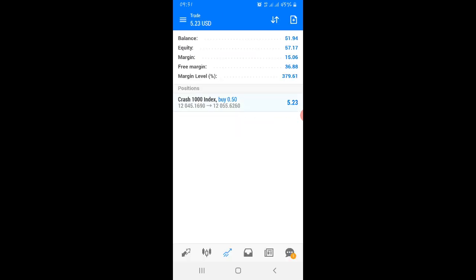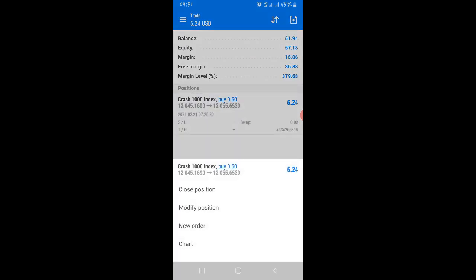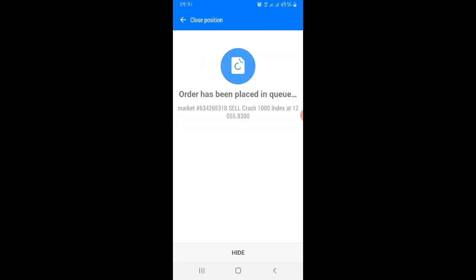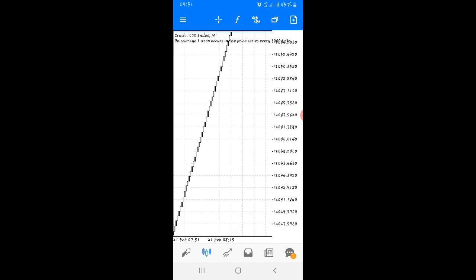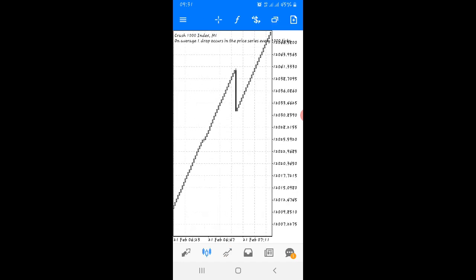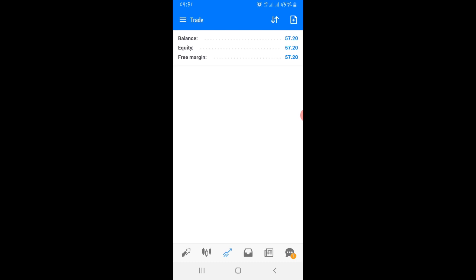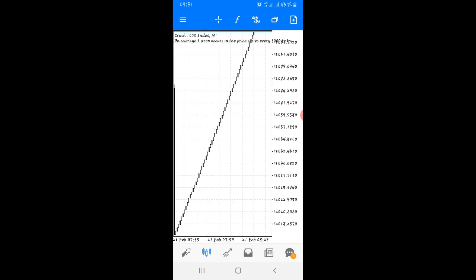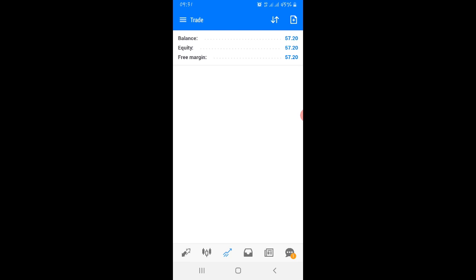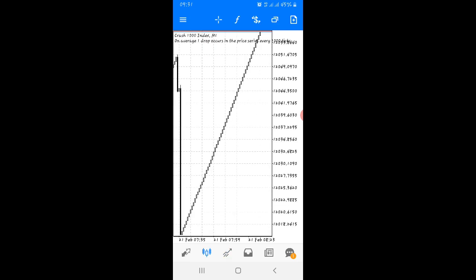I know you guys will be like, oh, these are small accounts, he trades on small accounts. Yeah, that's an account I'm managing. I'm trying to grow the account for one of my students. The account was just $20 before, and now it's $57.